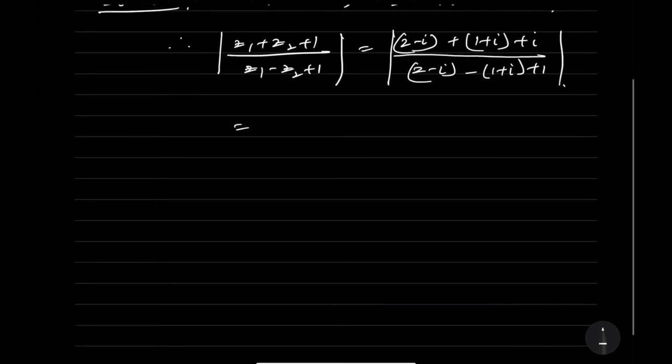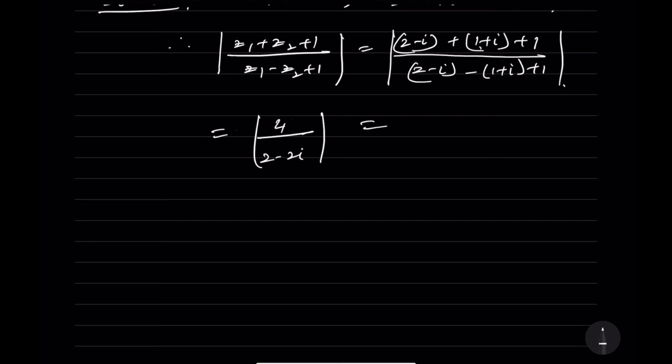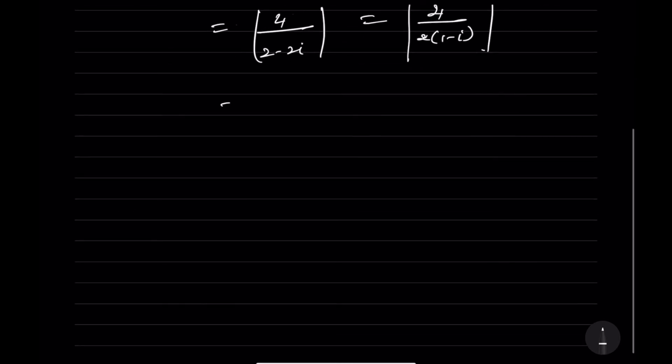So this is equal to 4 by 2 − 2i. This is the denominator, 2 − 2i, which is equal to 4 by 2(1 − i). So now again you rationalize this, you get 4 by 2 into (1 − i), under mod.